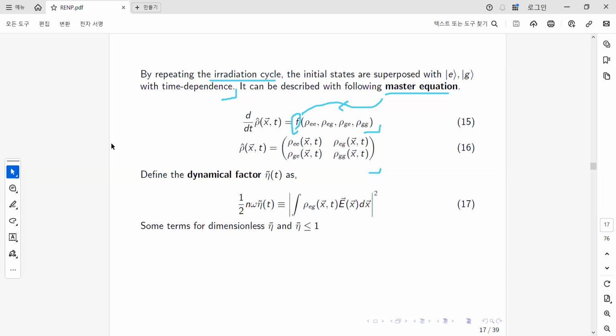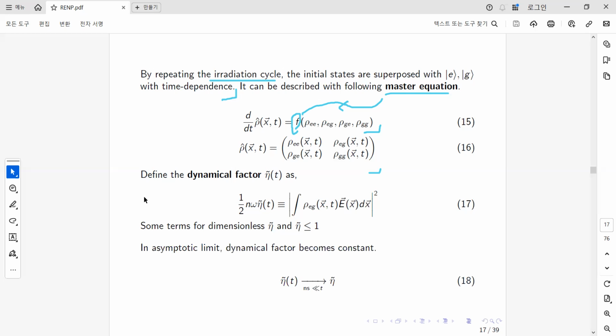And for the solutions, for simplicity, we can define the dynamical factor eta. There are other density matrix components, but multiplying the external electric field, we can define the dynamical factor eta with the additional terms n and omega to make dimensionless parameters, and this eta tilde is less than one.